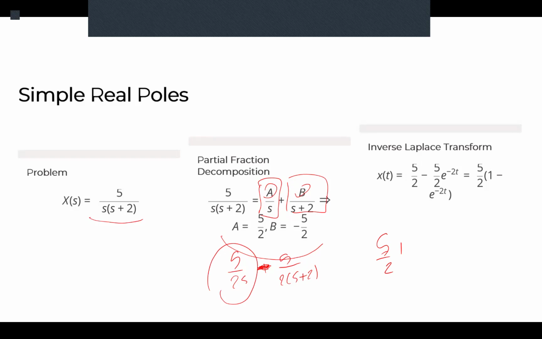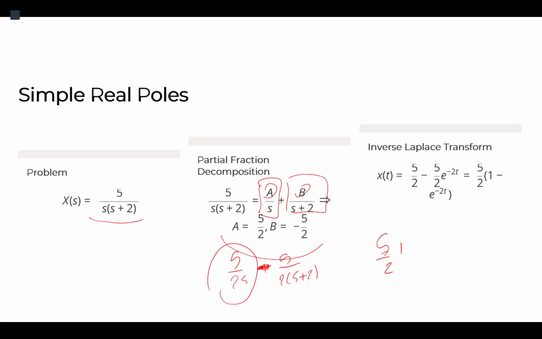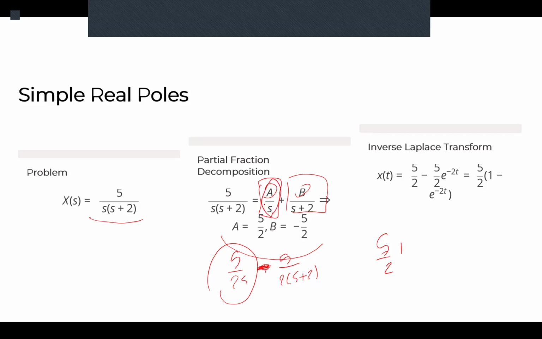The other one is e to the negative 2t, we are going to reach that. This one doesn't have any time shift. It's just 1 over s. Correct? This term is just A over s, so the inverse Laplace of it is going to be A times u(t), and u(t) is 1, so it becomes A.